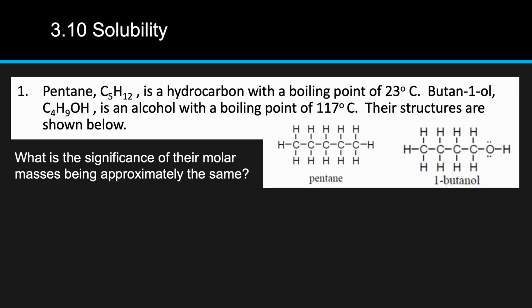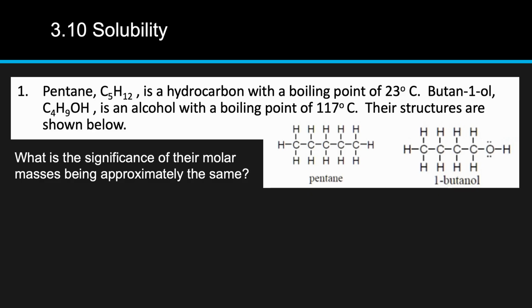So whenever AP gives you two different molecules or more molecules, and it's telling you that the molar masses are about the same, they're trying to hint at the fact that you do not need to look at London dispersion forces, because we know London dispersion forces are going to differ depending on how big the molecule is or how many electrons it has.